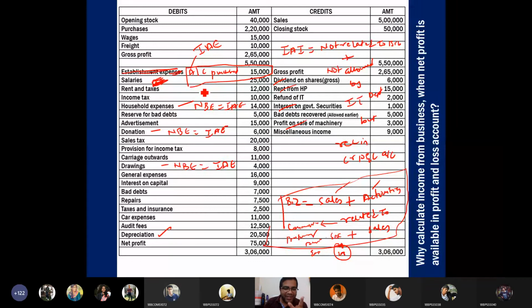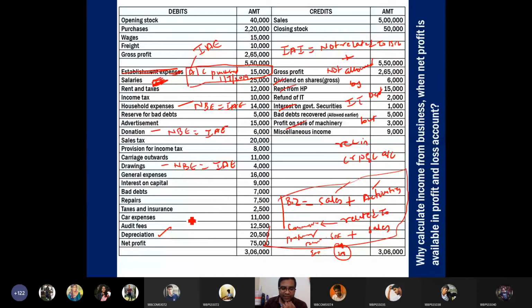So sometimes you have to read it properly and find out if there is any capital expenditure or any asset purchase recorded. If the asset purchase is recorded, then it becomes inadmissible. Now, very important: let's say in the brackets, a date is given, purchased on 1st July 2019.